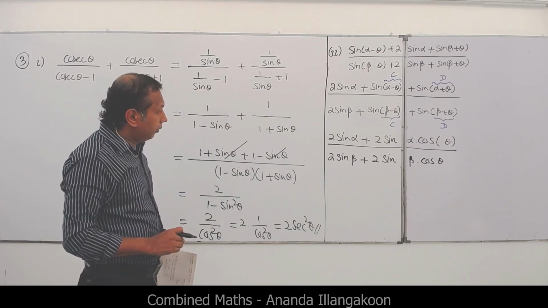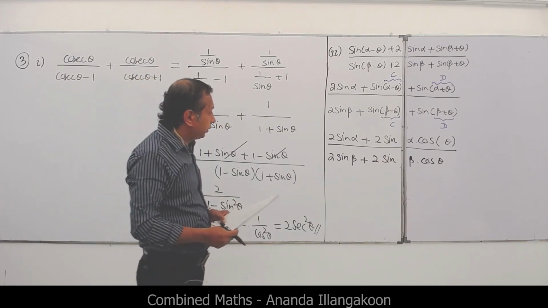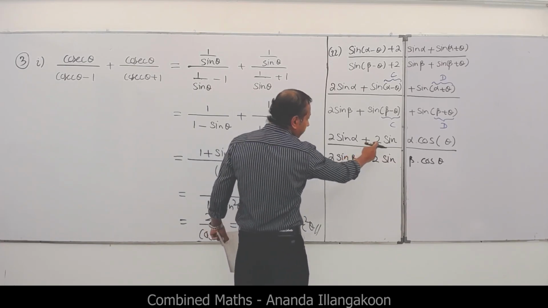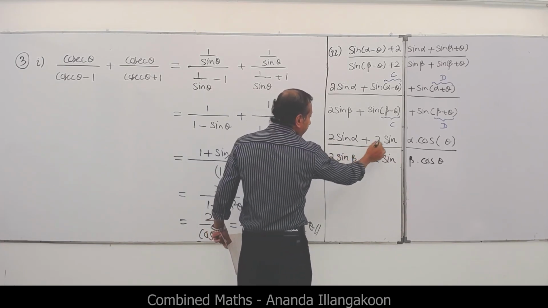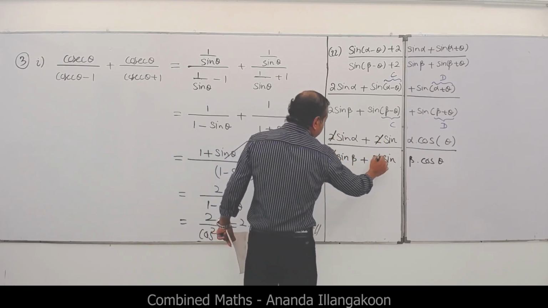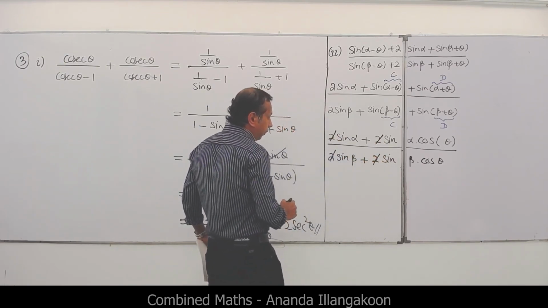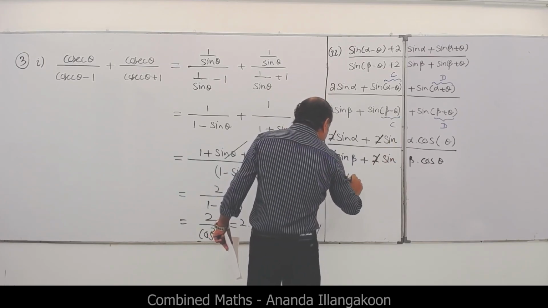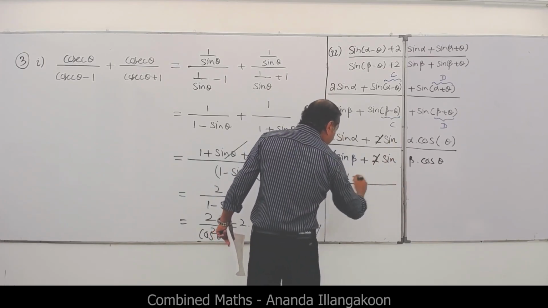Okay, then we can take this way, 2 you can take out from the denominator, 2 you can take out from the numerator, those 2 we can cancel down like this. Then take sin alpha common to this numerator, and denominator sin beta common.